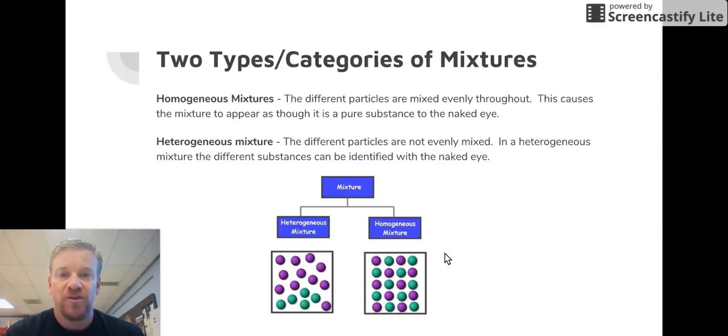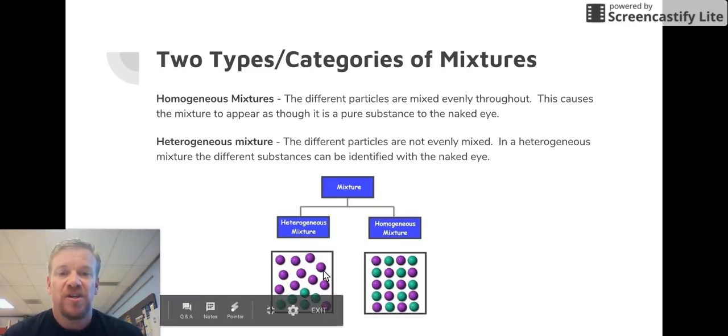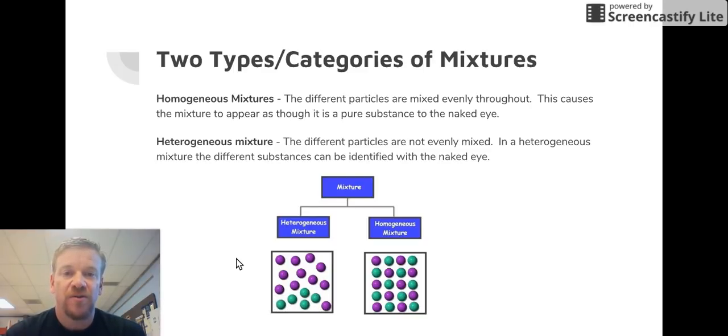Now, heterogeneous mixtures, on the microscopic level, the particles are not evenly mixed. So you can see here in my heterogeneous mixture example, the purple circles are kind of grouped together, and then the green circles are kind of grouped together. Now, to the naked eye, because of this, I can identify the two different things that have been mixed. Or even if I can't identify what they are, I can at least identify that there are two different substances there.